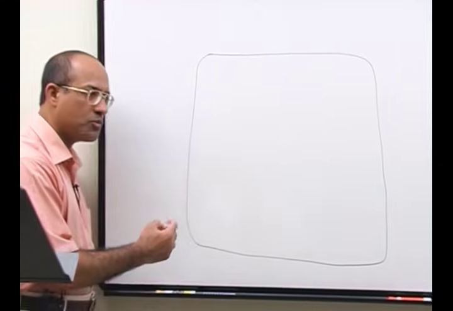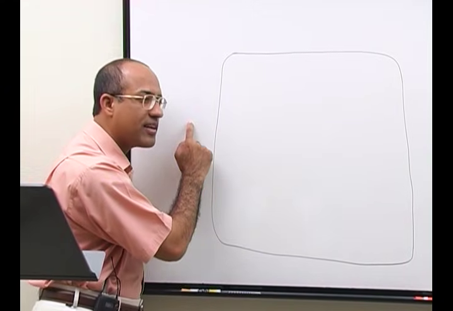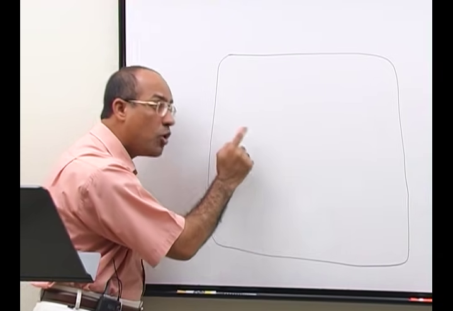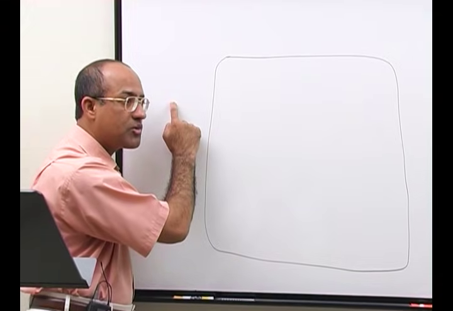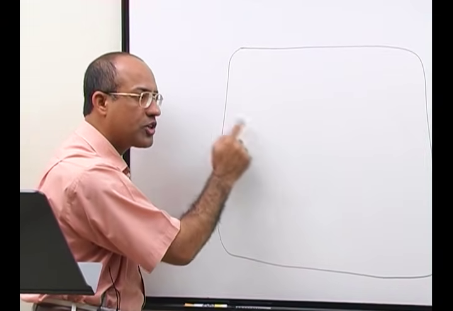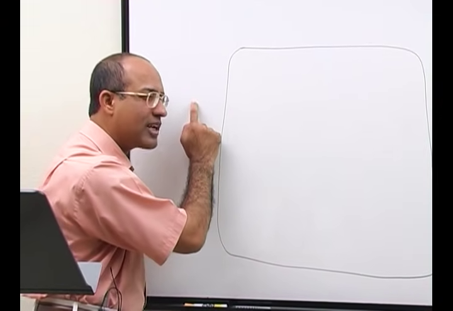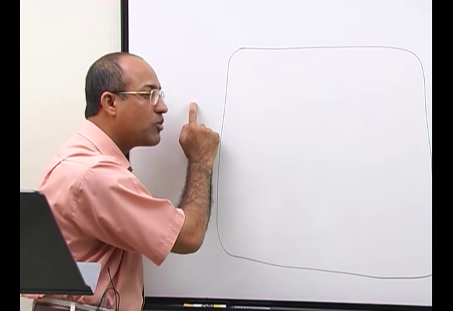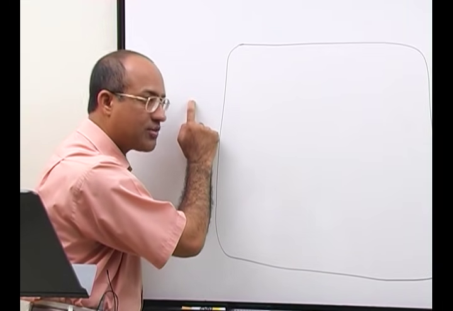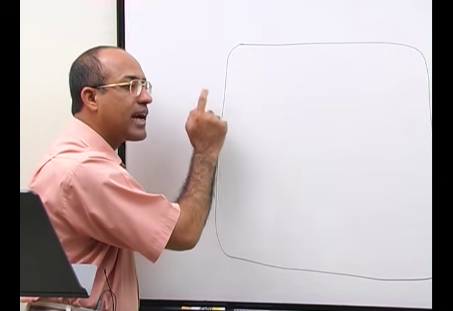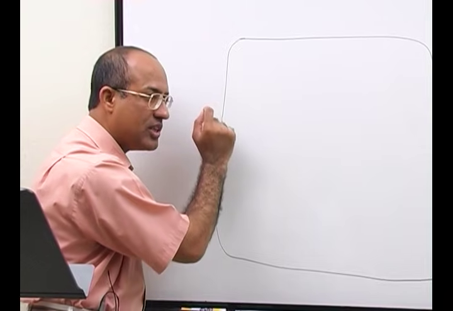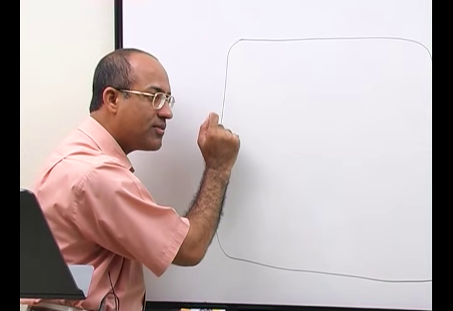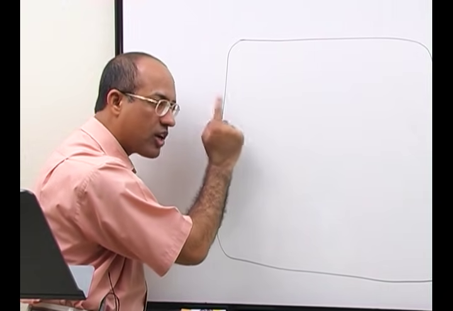If a substance is moved across the membrane from low concentration to high concentration, against the concentration gradient, that will be an example of active transport. And if active transporter proteins are directly utilizing the energy, then that is an example of primary active transport.